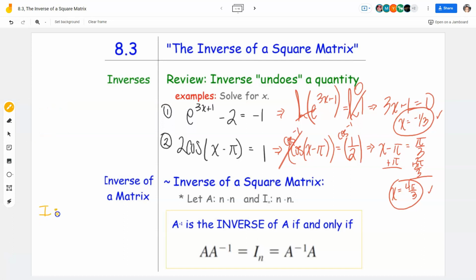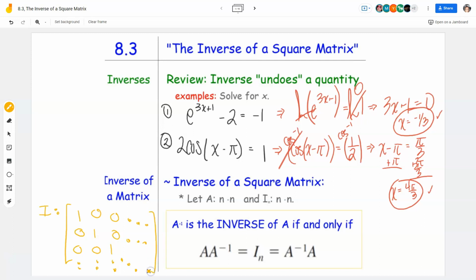So I is identity, and he's the one that has a main diagonal of ones, and everything else is zeros. It keeps going in every direction, as long as it's square.